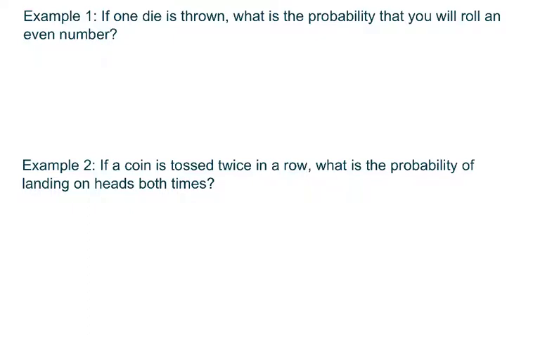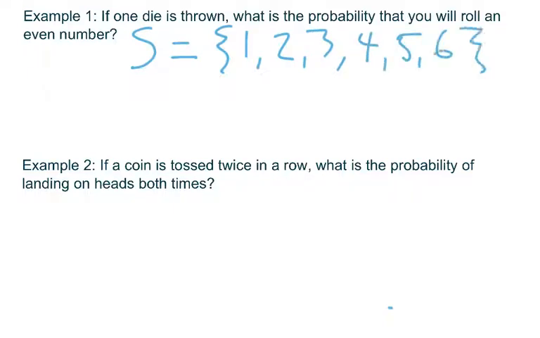To make sense of this, what you do is you think about what is the sample space. The sample space is the collection of all possible outcomes. And if I roll a die, the possible outcomes are 1, 2, 3, 4, 5, and 6. We're interested in rolling an even number.